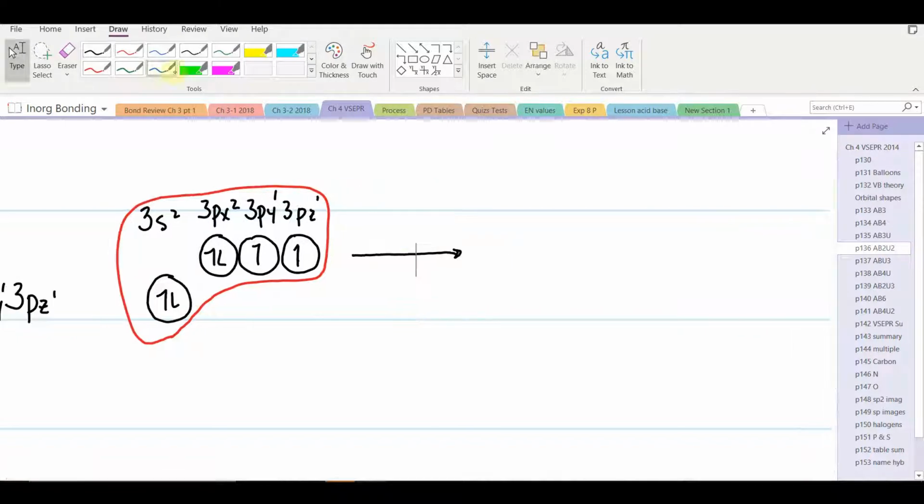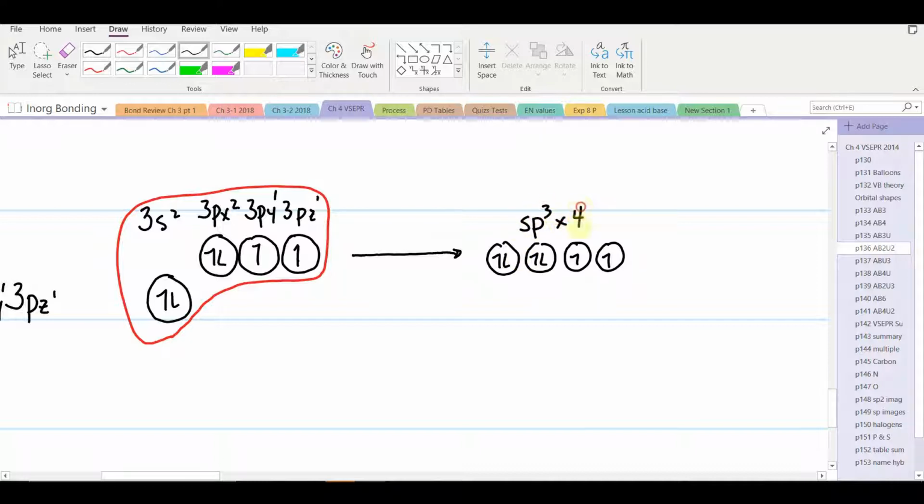They are hybridized. sp3 hybridization occurs, we get 4 degenerate orbitals, orbitals of equal energy. 2 of them are filled, 2 are half filled. This is sp3 hybridization. And the 2 half-filled orbitals will overlap with chlorine, and chlorine will have its 3pz orbitals half-filled.